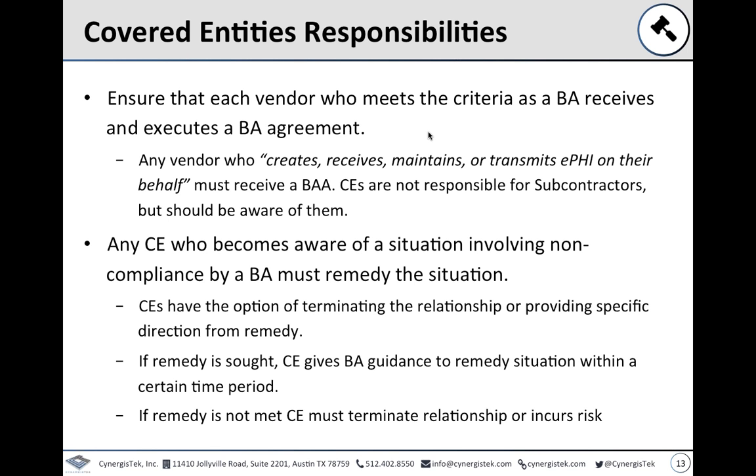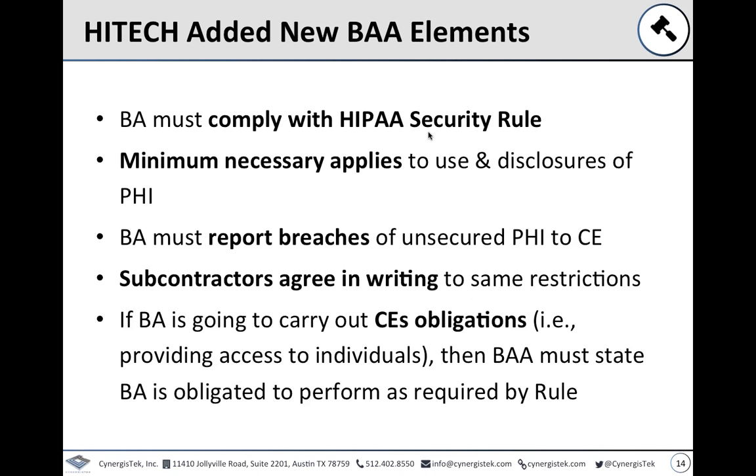The changes in the omnibus rule really only give the covered entity two choices. They can either terminate their relationship with their bad business associate, or they can give them guidance as to how they have to change their practices to be in compliance. But the OCR's position is going to be that once you've given them that one chance and they have proven that they can't comply with the rule, then you would essentially be forced to terminate your relationship with that vendor.